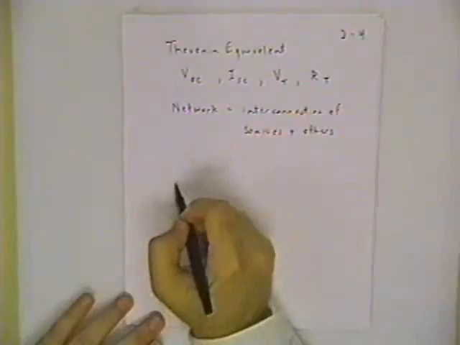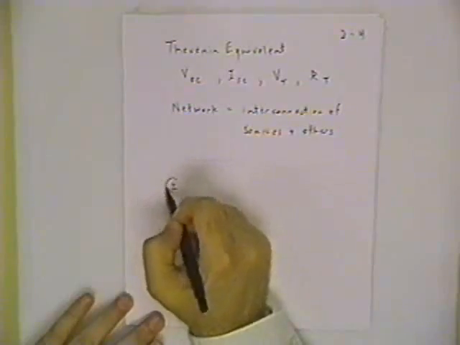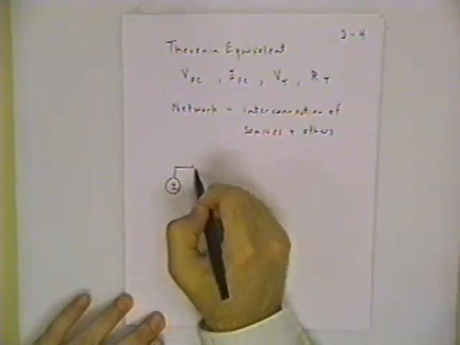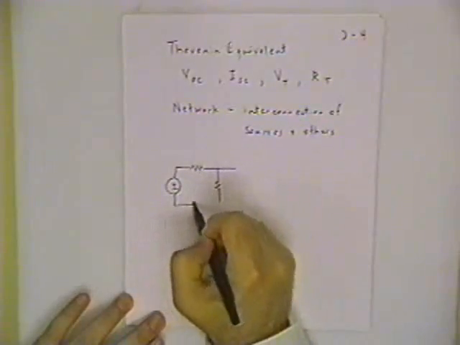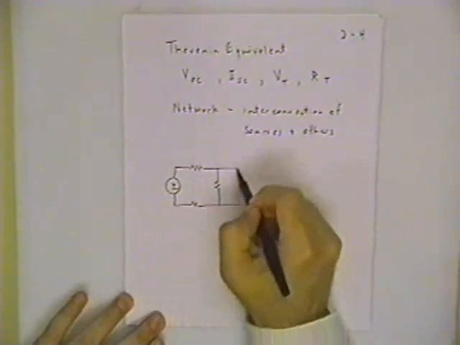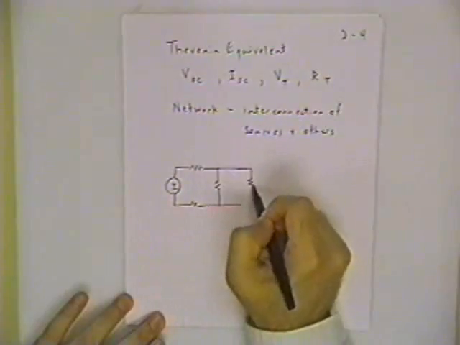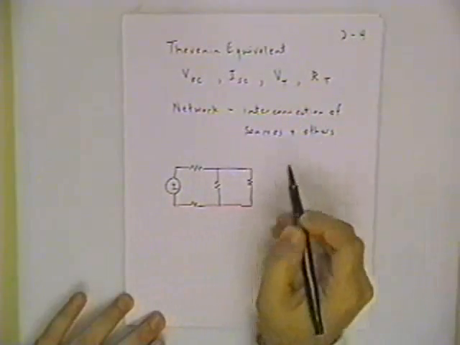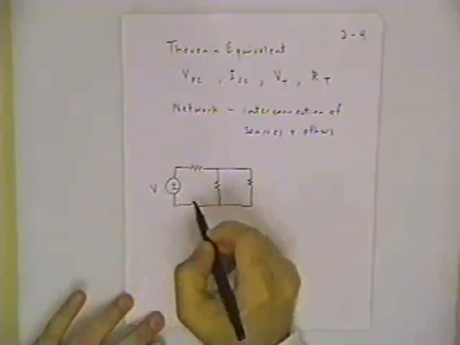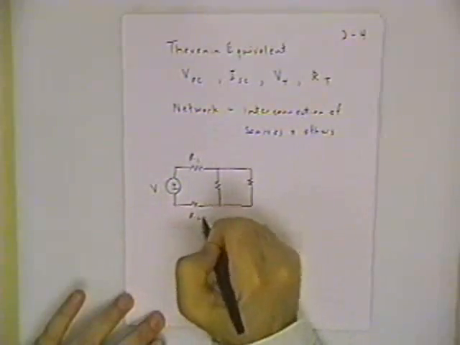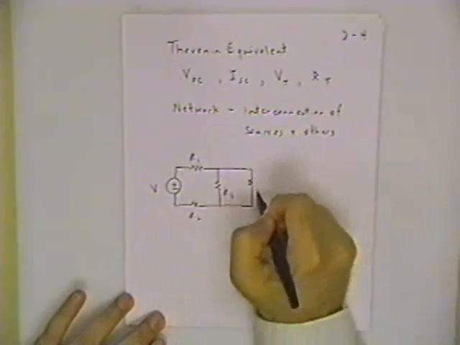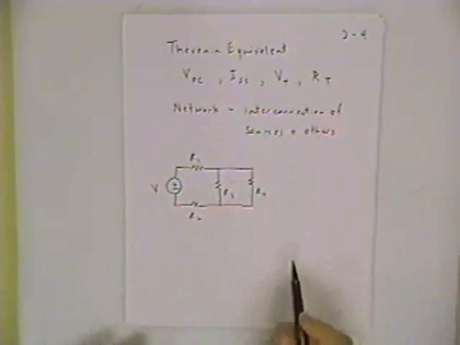What you imagine is that there's some, say arbitrarily complicated network over here, a couple of resistors. Okay, and I have a voltage source here, and let's name all these resistors R1, R2, R3, R4.